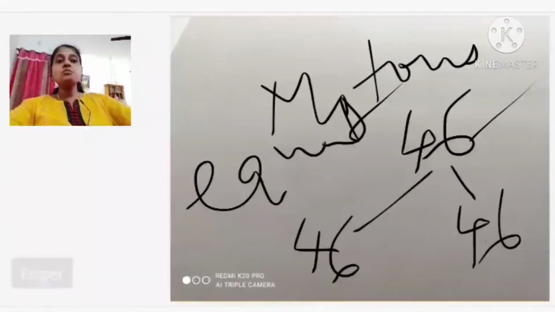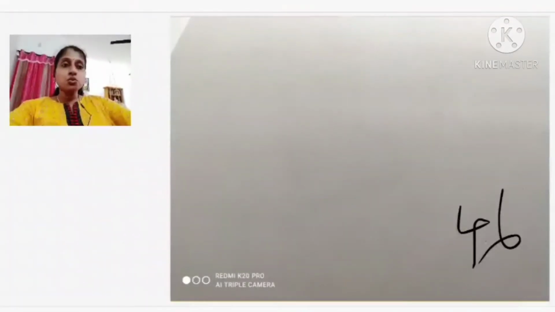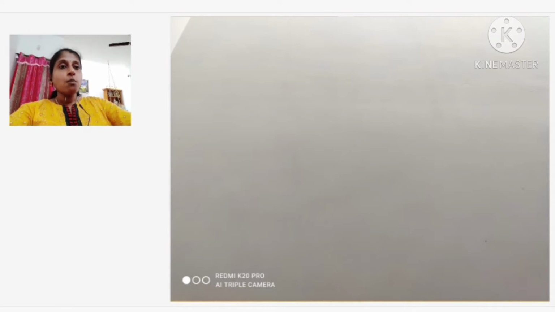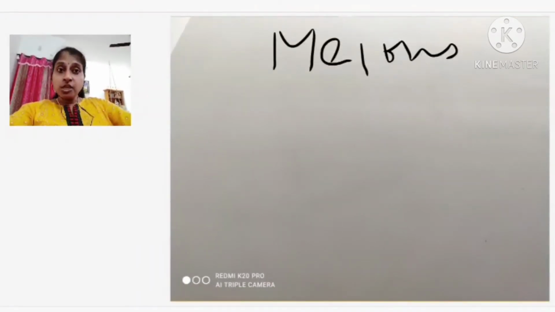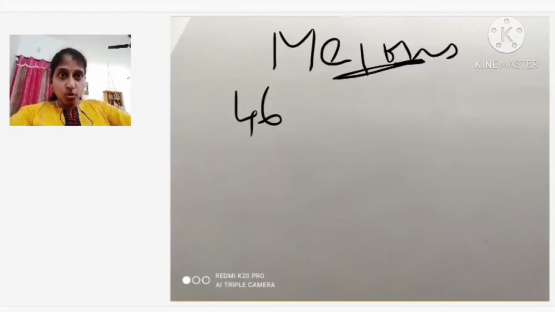Now moving on to meiosis, what is actually happening in this division? The germinal cells, of the testes or ovary, whatever it is, contain how many chromosomes? 46 chromosomes, right? When this 46 chromosomes undergoes meiosis, this meiosis is of 2 stages.